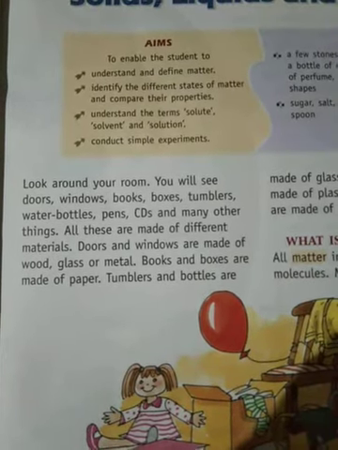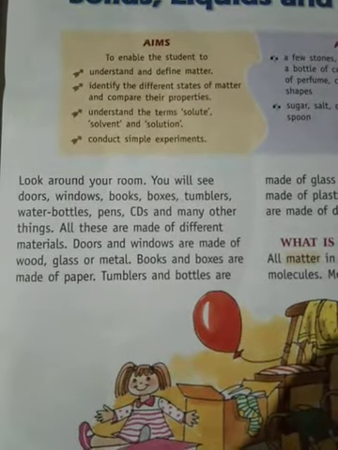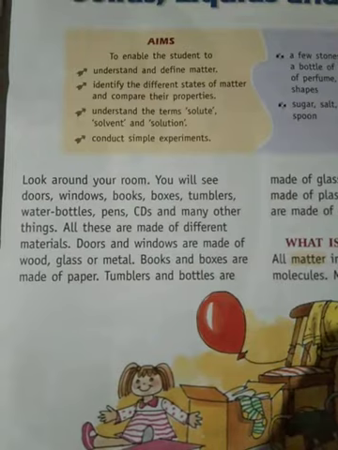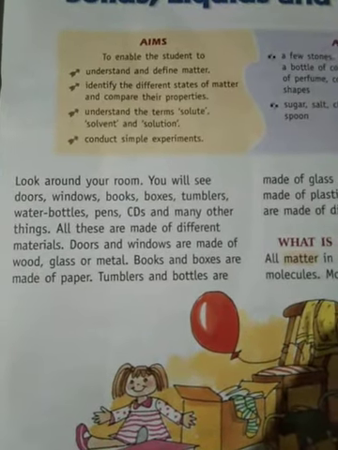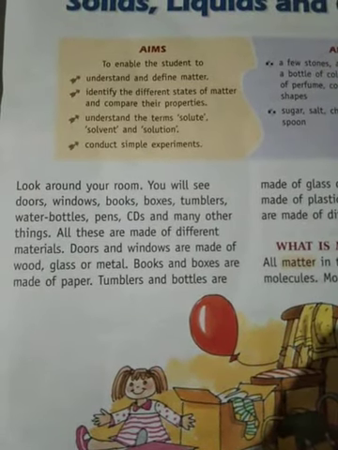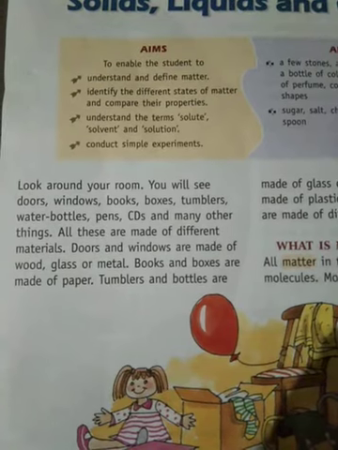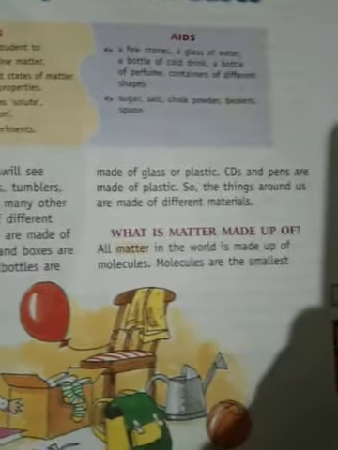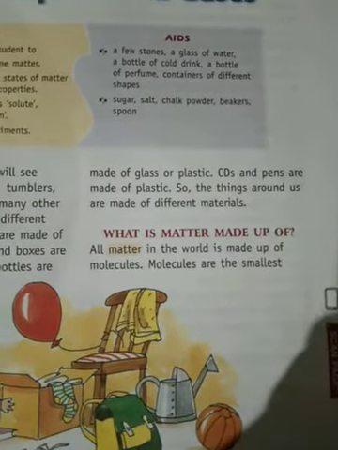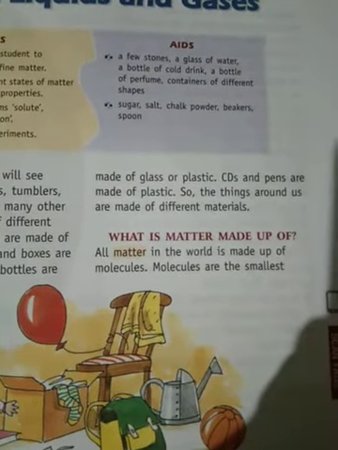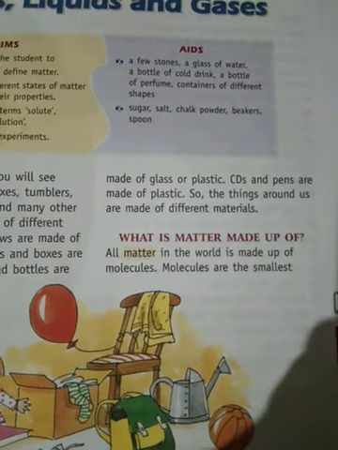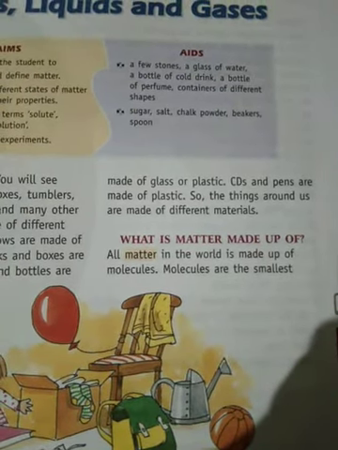We will come to these points. Books and boxes are made of paper. Tumblers and bottles are made of glass or plastic. CDs and pens are made of plastic. So the things around us are made of different materials.